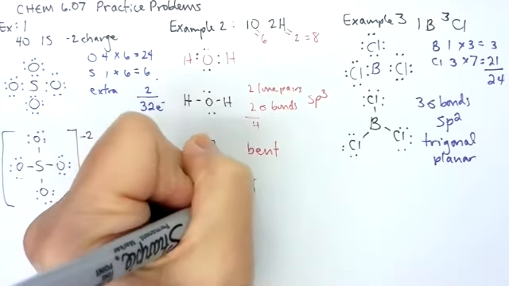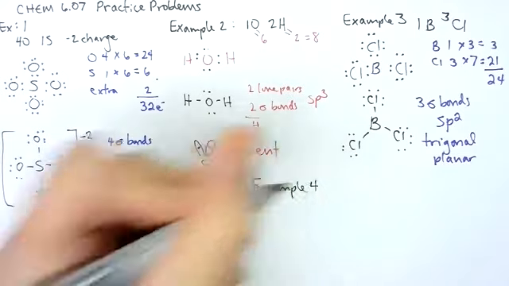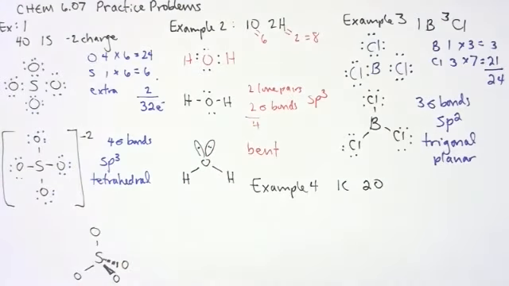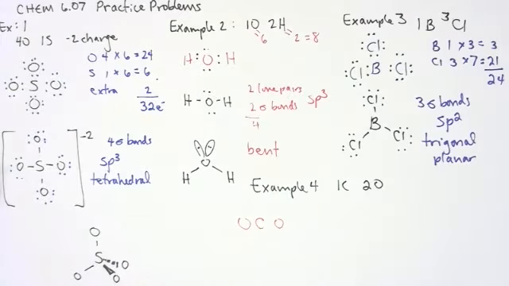All right, since I have room, let's do one more example. Let's go with example 4. I've got 1 carbon and I've got 2 oxygen. All right, so my stick structure is going to be pretty simple. Let's go with orange. Carbon, oxygen, and oxygen.